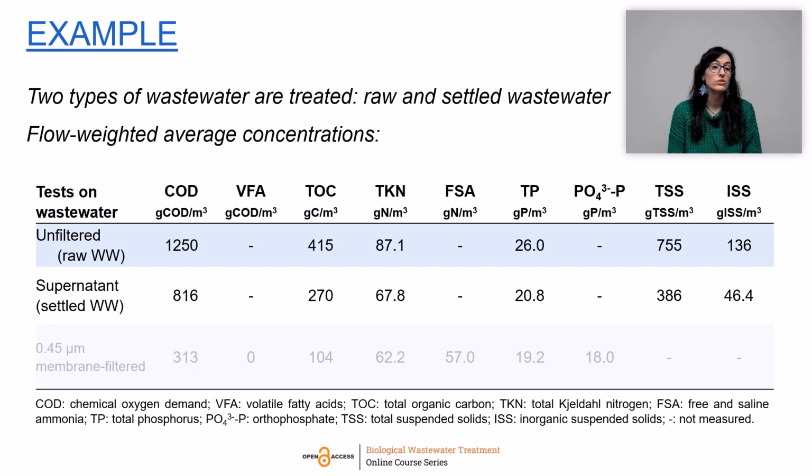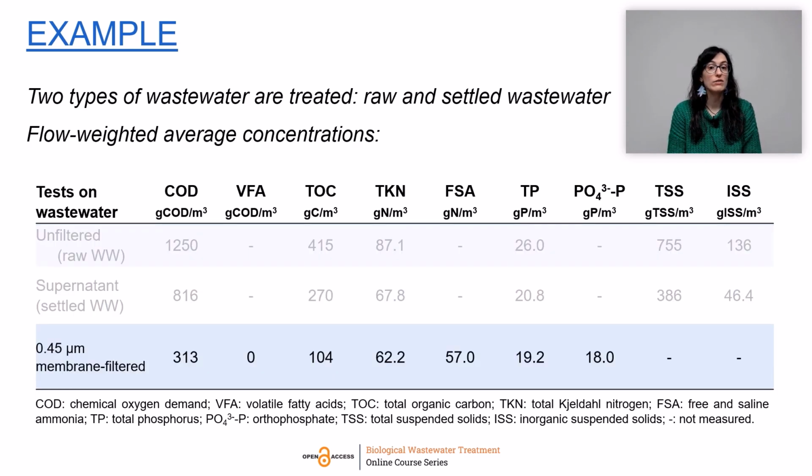And these values confirm what we just saw before, that the settled water has lower concentrations than the raw wastewater due to a lower amount of suspended solids. The differences between raw and settled wastewater are the biggest for the suspended solids concentrations, TSS and ISS, followed by the COD and TOC, and then nutrients.